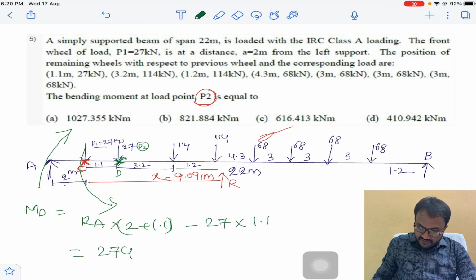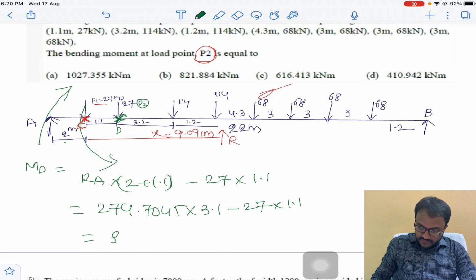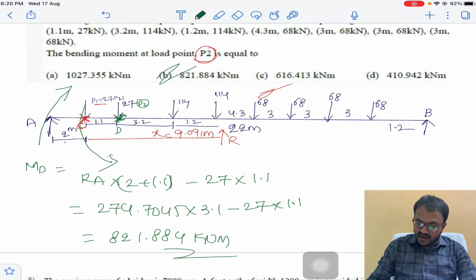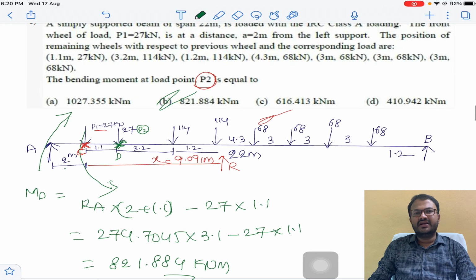So what is RA actually? 274.7045 into 3.1 minus 27 into 1.1. So that will be equal to 821.884 kilonewton meter. So for question number 5, answer B.